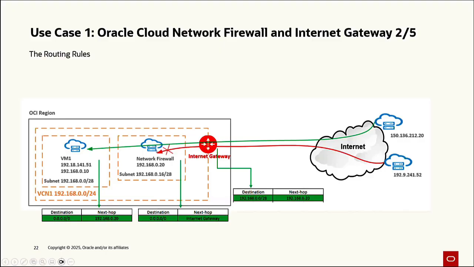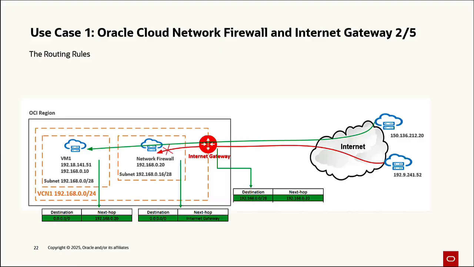Once the traffic hits the network firewall and is inspected, the network firewall needs to send the traffic out. So the route table associated with the network firewall subnet will have a default route pointing to the internet gateway as next hop. So my traffic is reaching the internet gateway, and from the internet gateway, it will go to the internet, right?